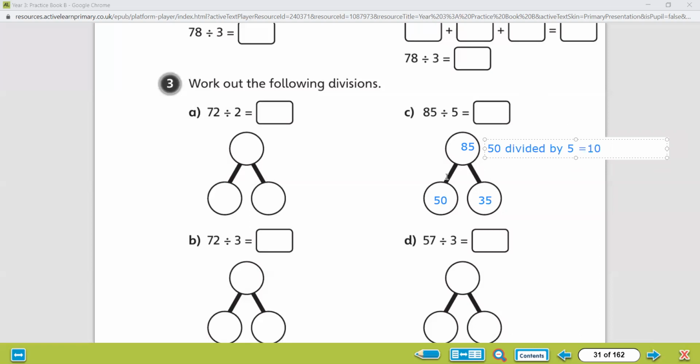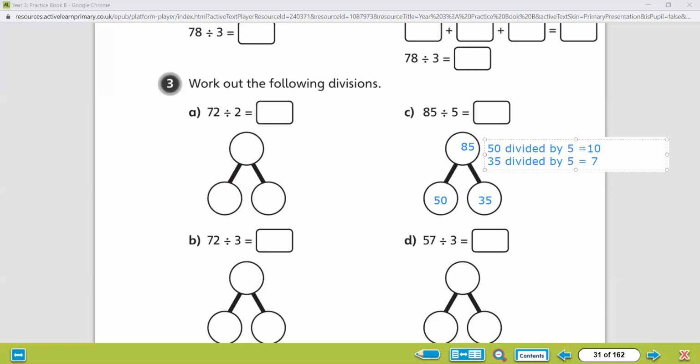So that's my 10s. I've now got 35 ones. So I'm going to say 35 divided by 5 equals, so I've got to count in 5s now to 35. 5, 10, 15, 20, 25, 30, 35. So that was 7 lots.